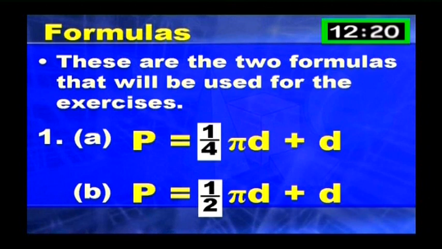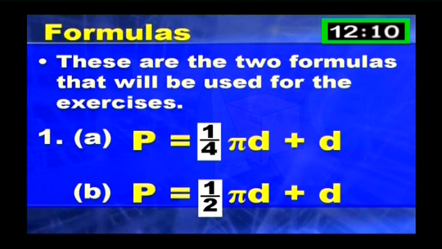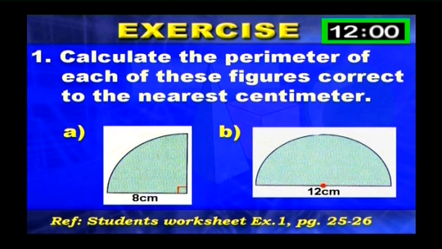You'll be using this formula because the shape is drawn as a quarter part of a circle. That is for 1A. For 1B, you will be using this formula. P is equals to half pi d plus d because the shape is drawn in the form of a semicircle.